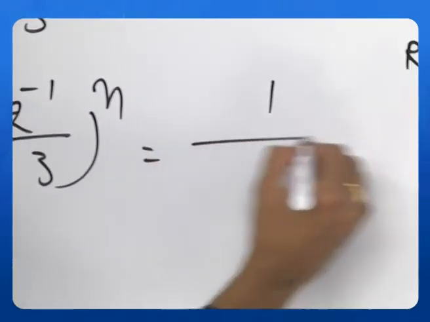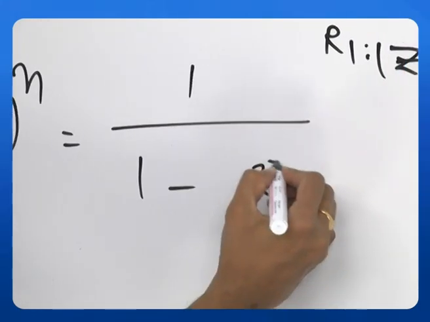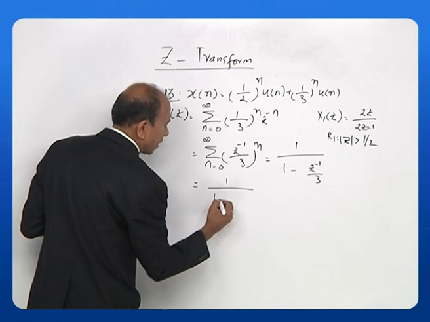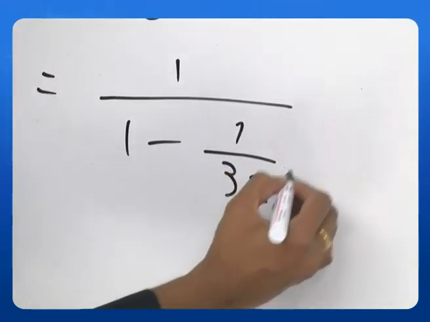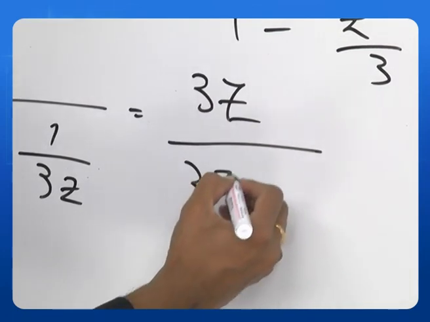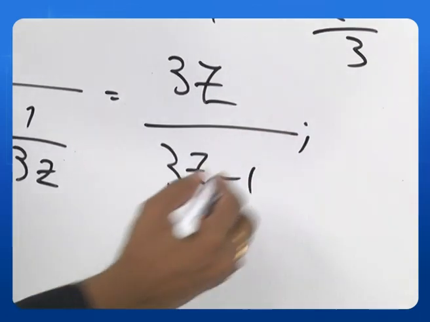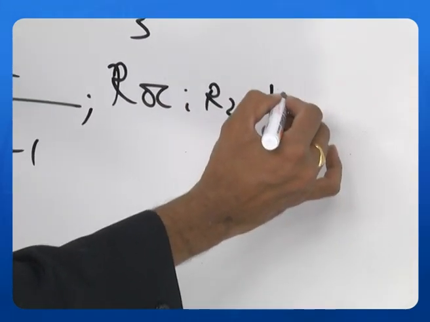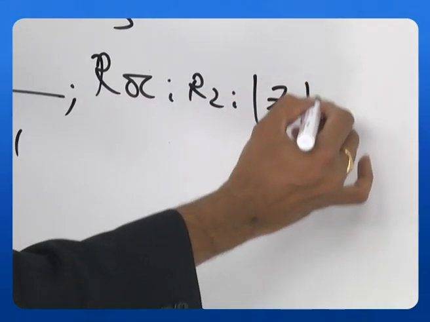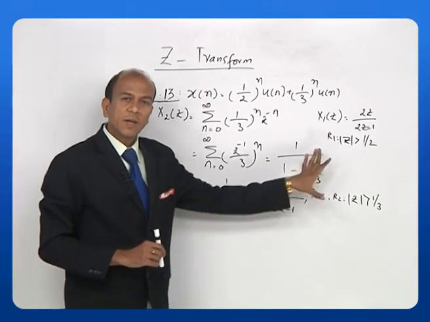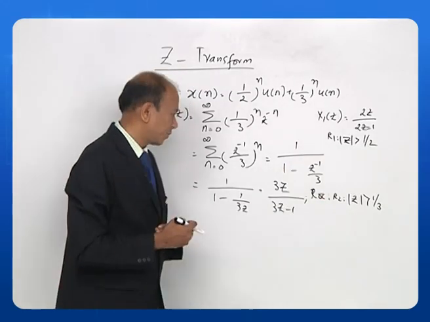So I can write this as 1 by 1 minus 1 by 3 z to the power of minus 1, that is nothing but 3z by 3z minus 1. And the ROC for this, we call it R2, that is z greater than 1/3. So this is the ROC for this.